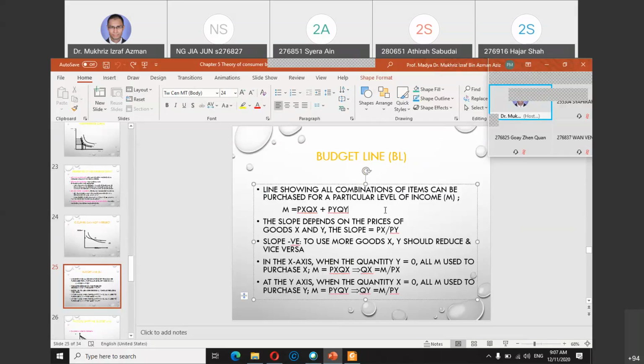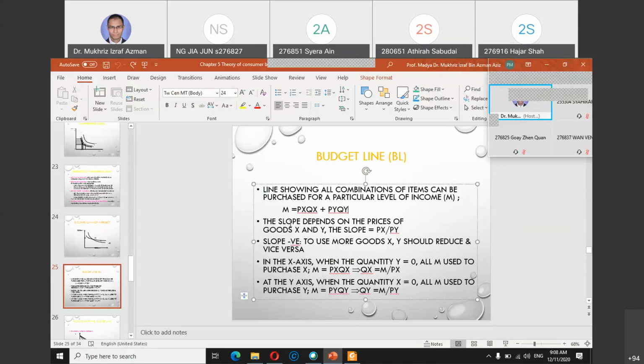If you have 50 ringgit, you must spend all of the 50 ringgit to buy good X and good Y. So every money is spent on the two goods, X and Y. So the total cost of X and Y must equal your income. That is what PXX plus PYY means. The total amount of money spent on these two goods is equal to your income, or M.